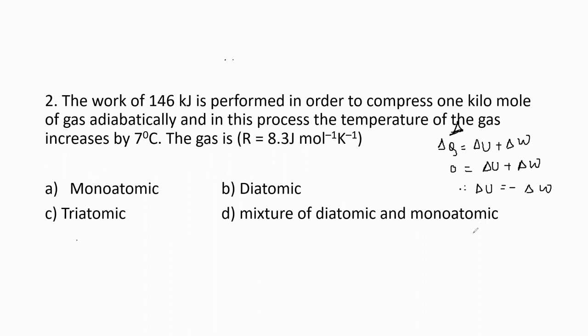Delta U can be written as mu CV into delta T, which is equal to minus delta W.